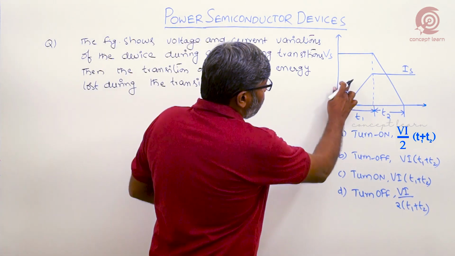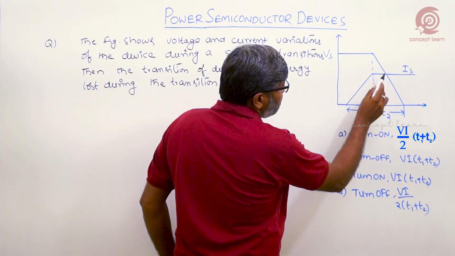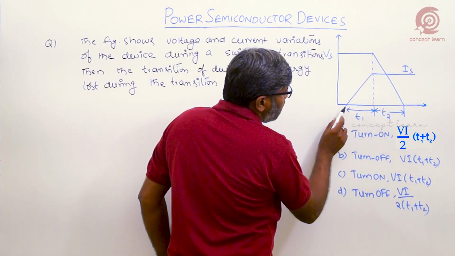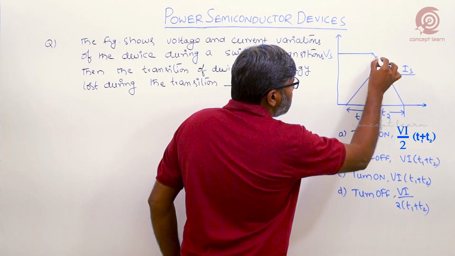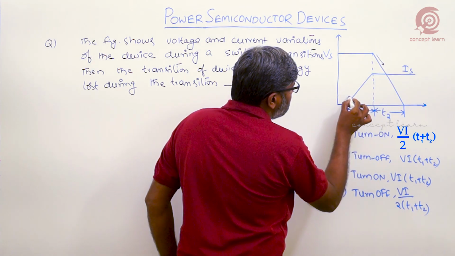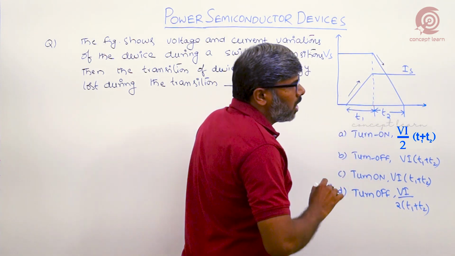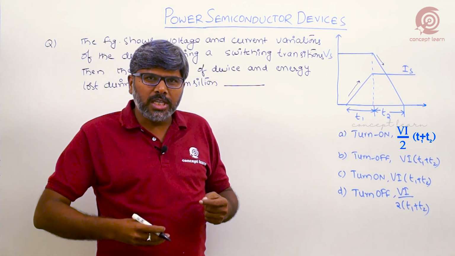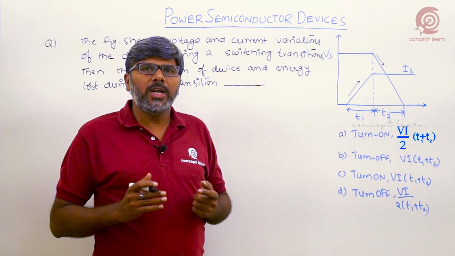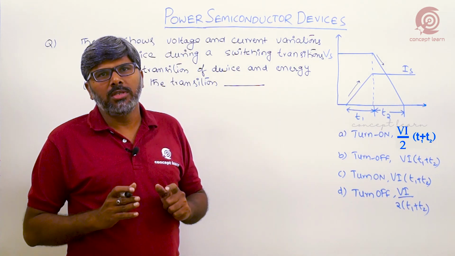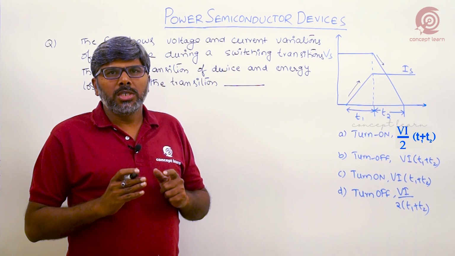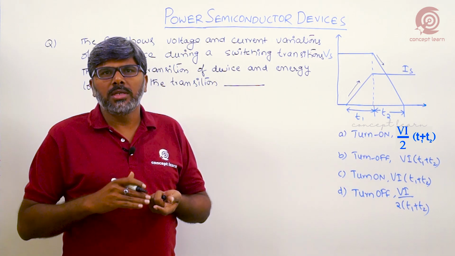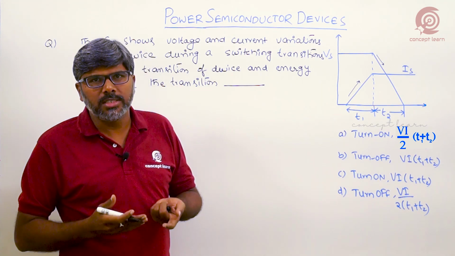When you come to this waveform, observe this, the voltage is decaying, that is decreasing, current is increasing, right? The voltage is decreasing, current is increasing. We know in which switching transient voltage decreases and current increases. Definitely that is turn on transition. When the switch goes to on state, the voltage gradually decreases, current gradually increases, right?